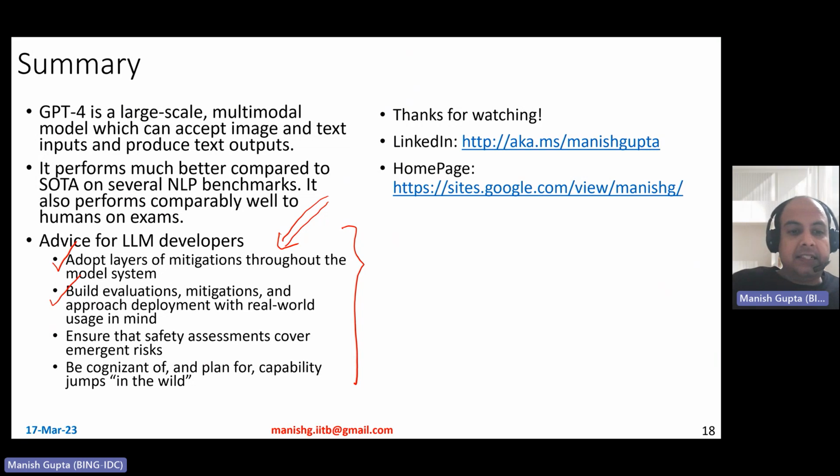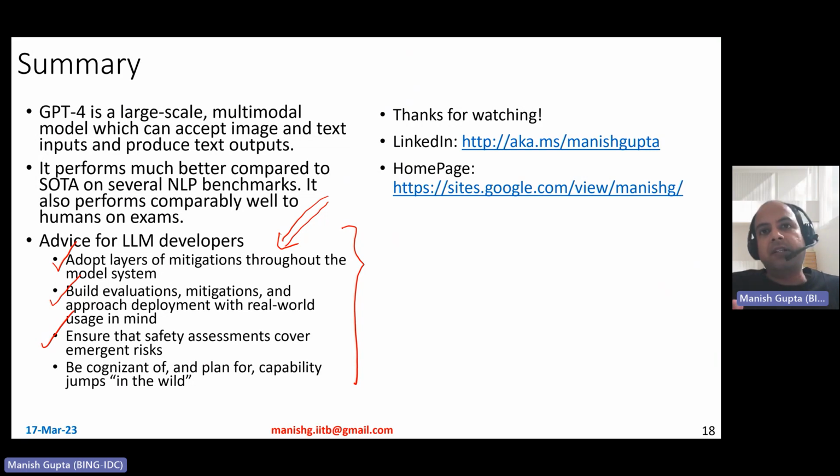Ensure that safety assessments cover emergent risks. Now, there is discussion about sentient AI and so on, but the point is, is there a way that the model comes up with capabilities that it was not designed to come up with, right? So there must be a continuous check on such capabilities: is the model trying to come up with a capability that it was not trained for?